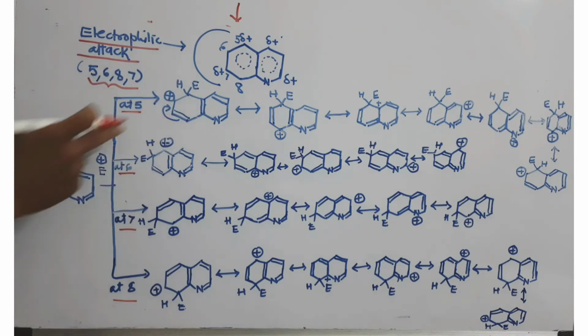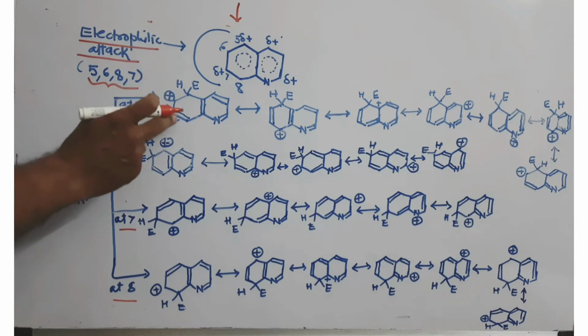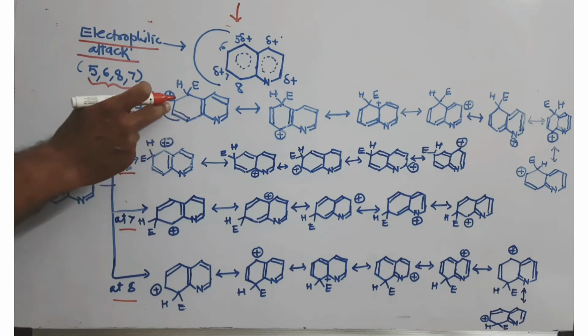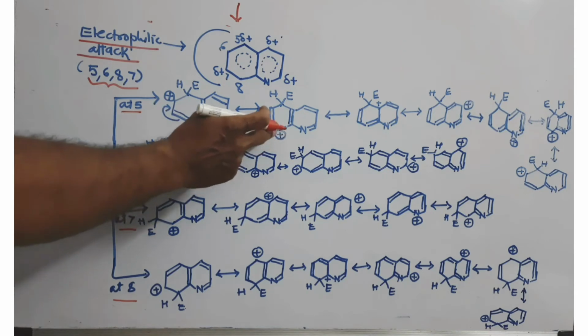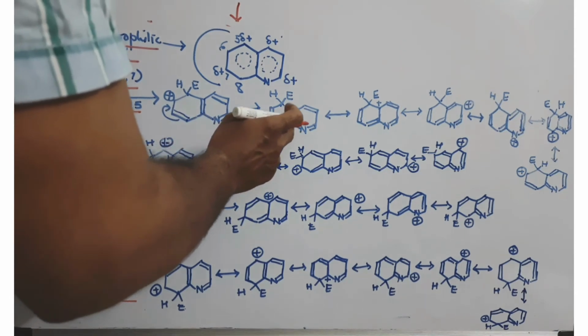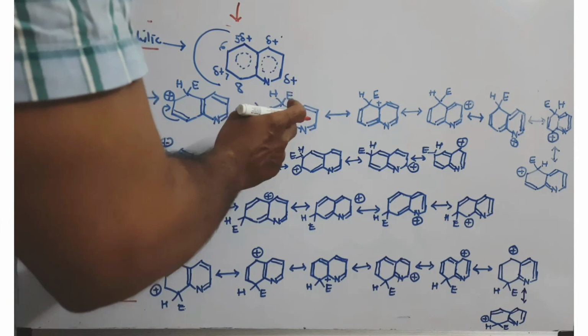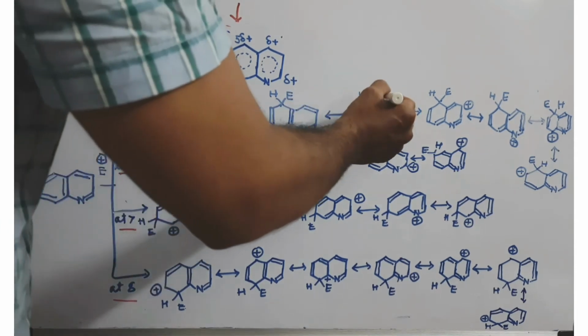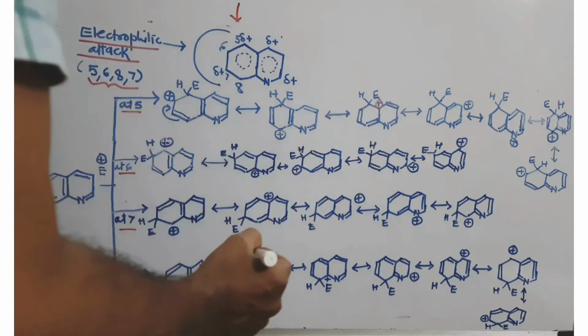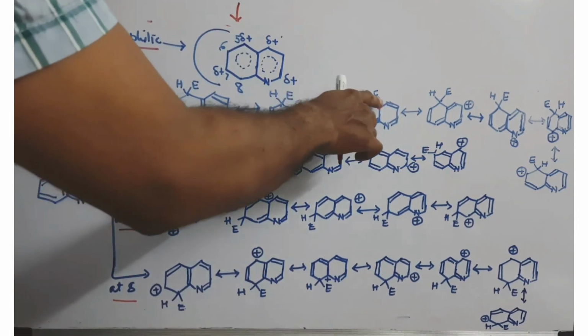Now if I remove this bond, positive charge will develop here by shifting the adjacent pi bond to this single bond. I can move this positive charge over here, and similarly I am moving the pi bond at the adjacent position to this single bond. So this positive charge, watch it carefully, develops here.